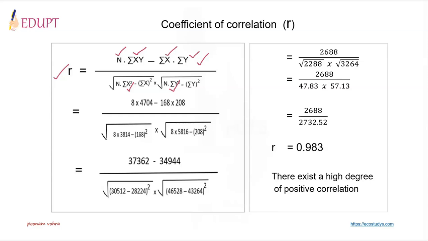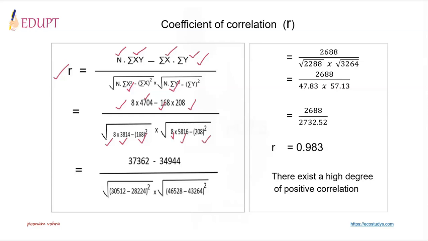and sigma y square. Now substituting the values, n is 8, sigma xy we found as 4704, sigma x was 168, sigma y 208, divided by under root of n into sigma x square, which was 3814, minus sigma x whole square, 168 whole square, into n, 8, into sigma y square, which is 5816, minus sigma y whole square, 208 whole square.